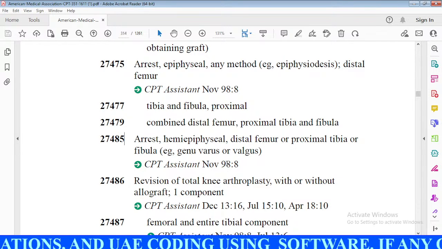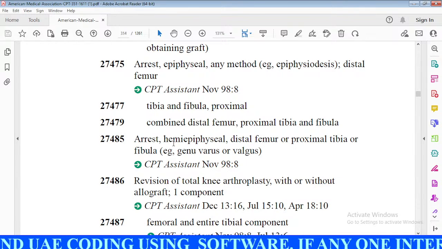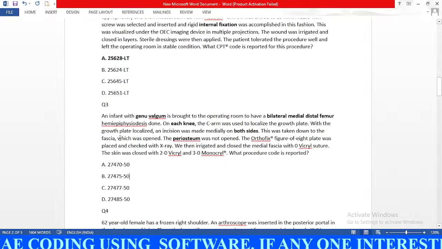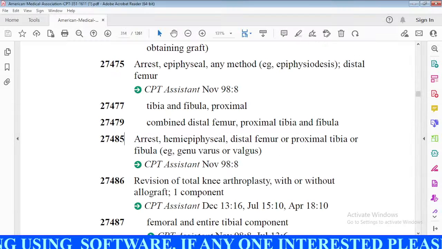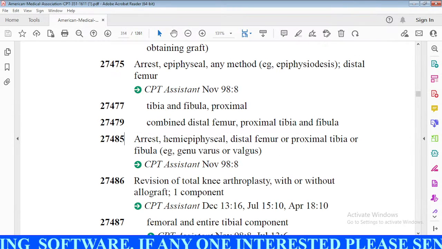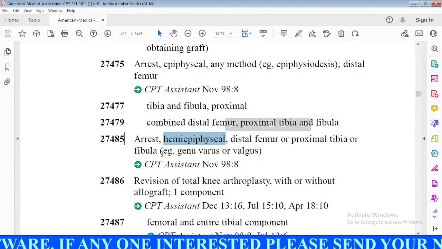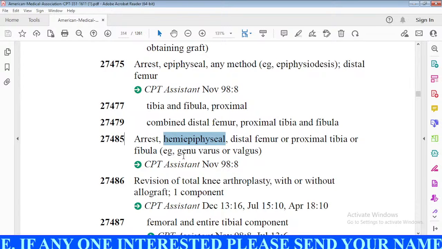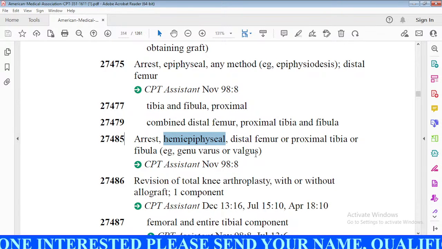And what is next? 27485. So here, arrest hemiphyseal. Our keyword, if you see in the documentation, is hemiphysiodesis. In our CPT code also we have hemiphyseal arrest, distal femur or proximal tibia or fibula. This procedure is performed for genu varus or valgus.